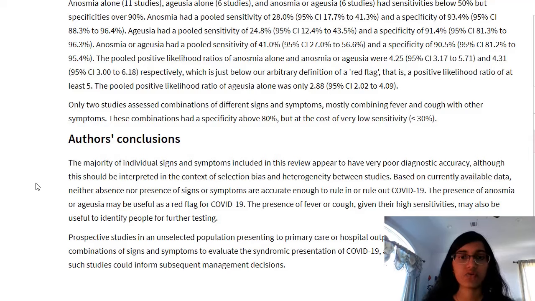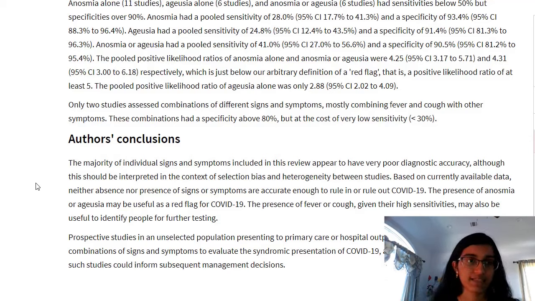But overall, the symptoms weren't very good at predicting the presence of COVID. And they say that it isn't accurate enough to rule in or out COVID-19. But they do say that the presence of anosmia or ageusia may be useful as a red flag, and fever and cough, given their high sensitivities, may also be useful to identify people for further testing.